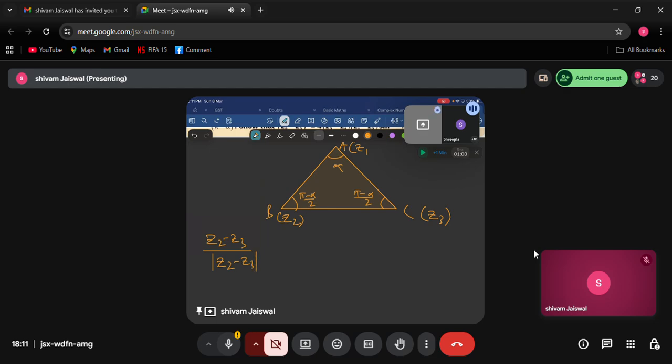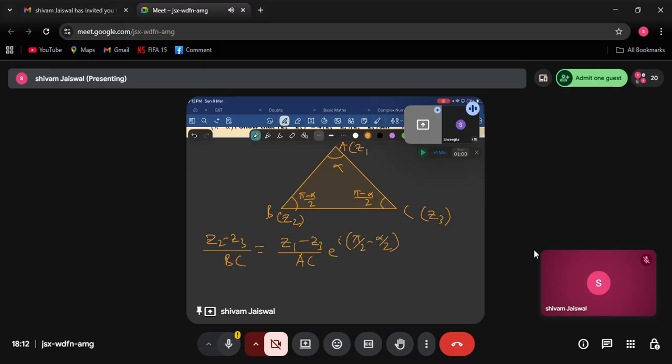Or let us for the time being write BC. Z2 minus Z3 upon BC will be equal to Z1 minus Z3 upon AC into e to the power i into pi by 2 minus alpha by 2.